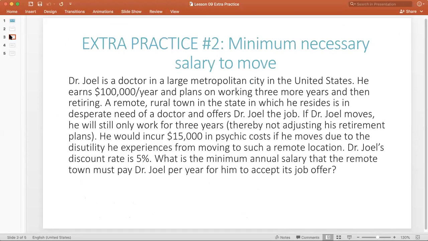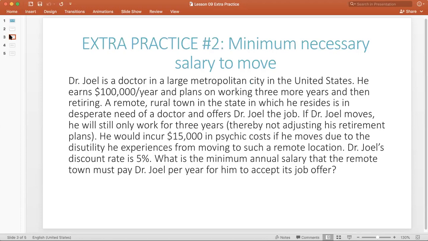So number 2, minimum necessary salary to move. Dr. Joel is a doctor in a large metropolitan city in the U.S. He earns $100,000 a year and plans on working 3 more years and then retiring. A remote rural town in the state in which he resides is in desperate need of a doctor and offers Dr. Joel a job.